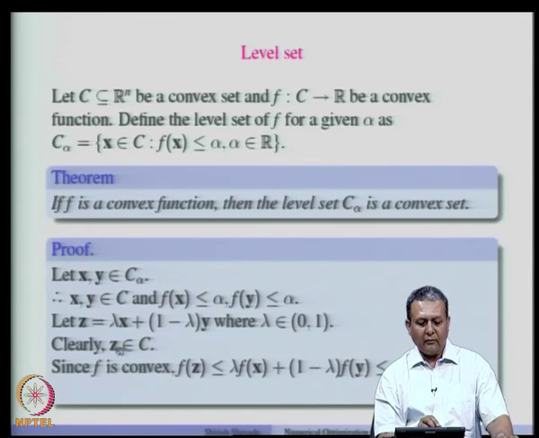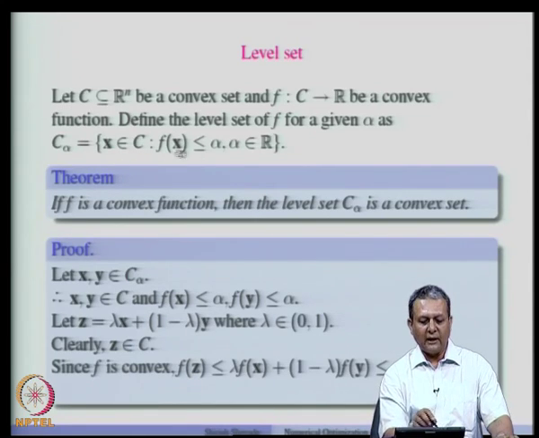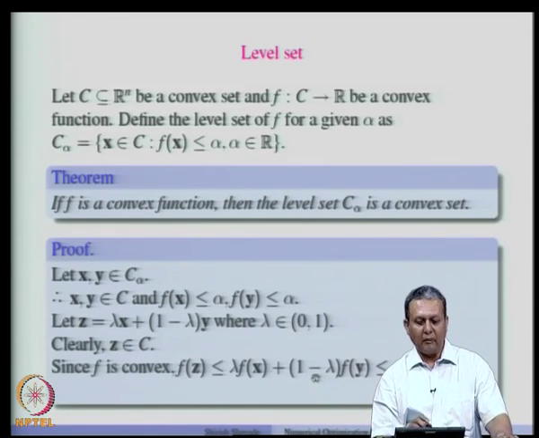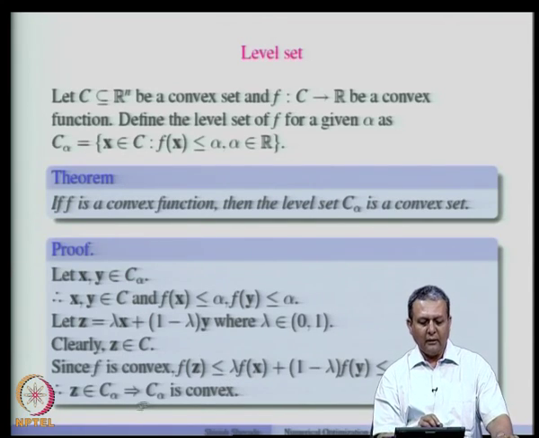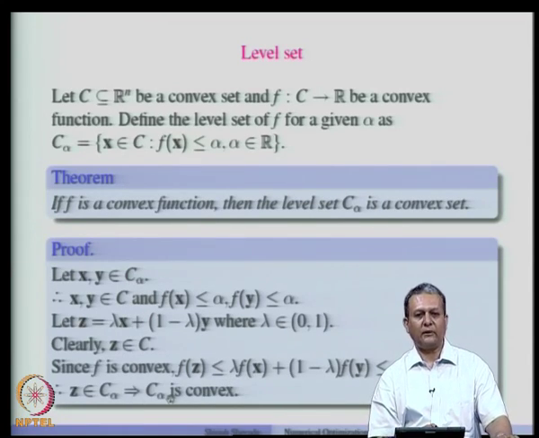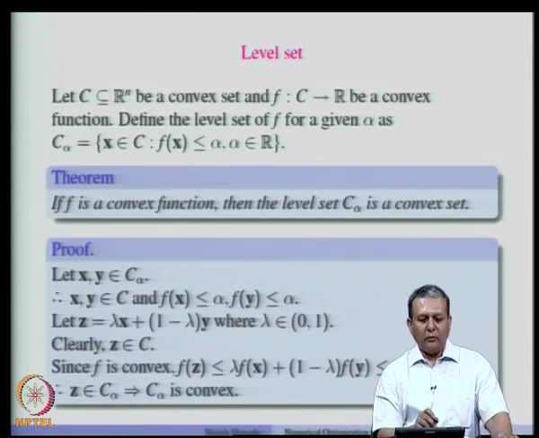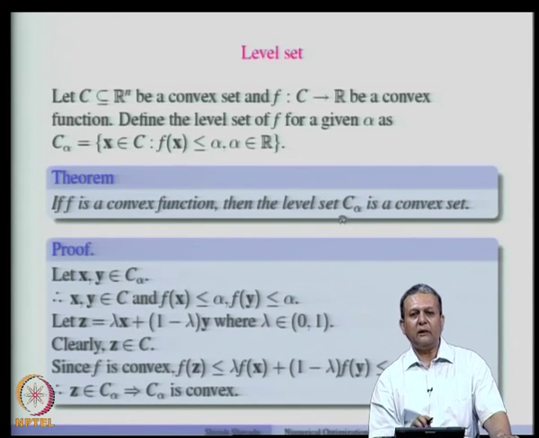So, for any line segment joining x and y in C alpha, any point z on that line segment also lies in the set C alpha, which means that C alpha is a convex set. So, if we have a convex function f, then the level set C alpha is a convex set.